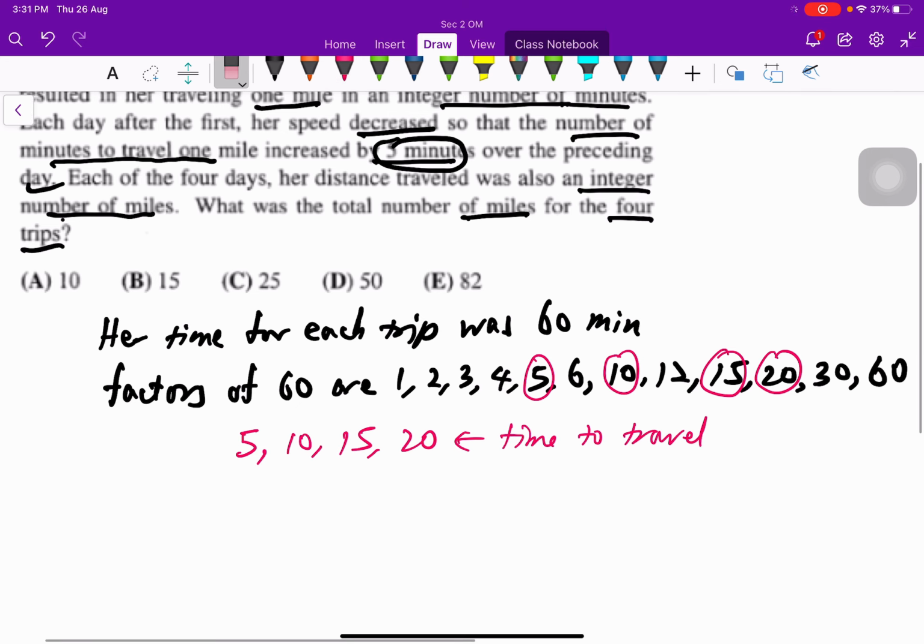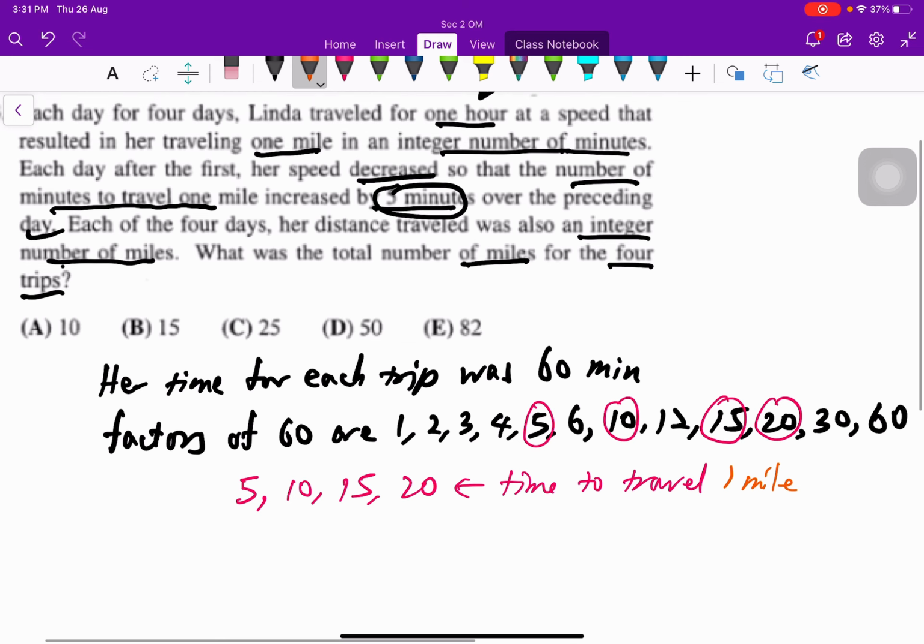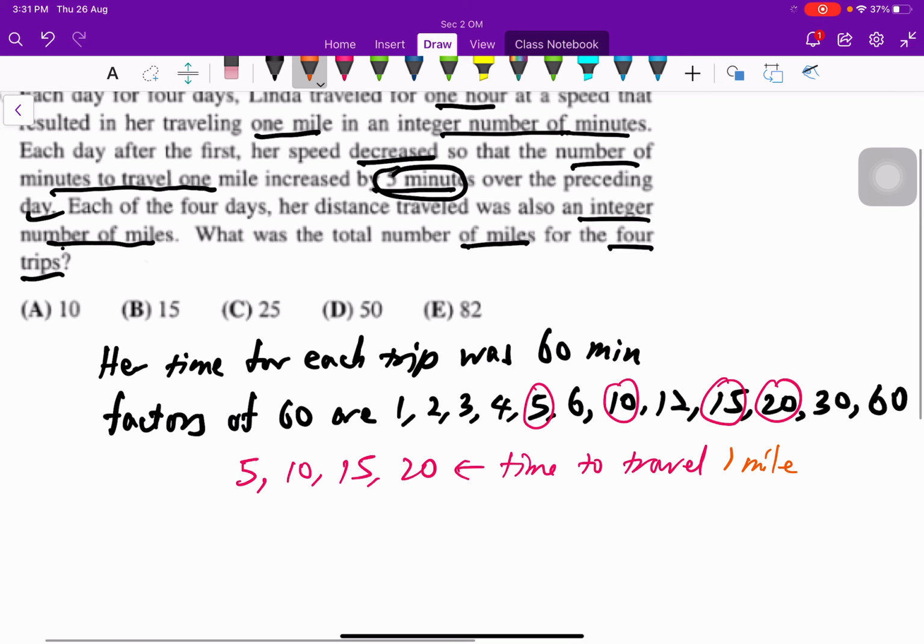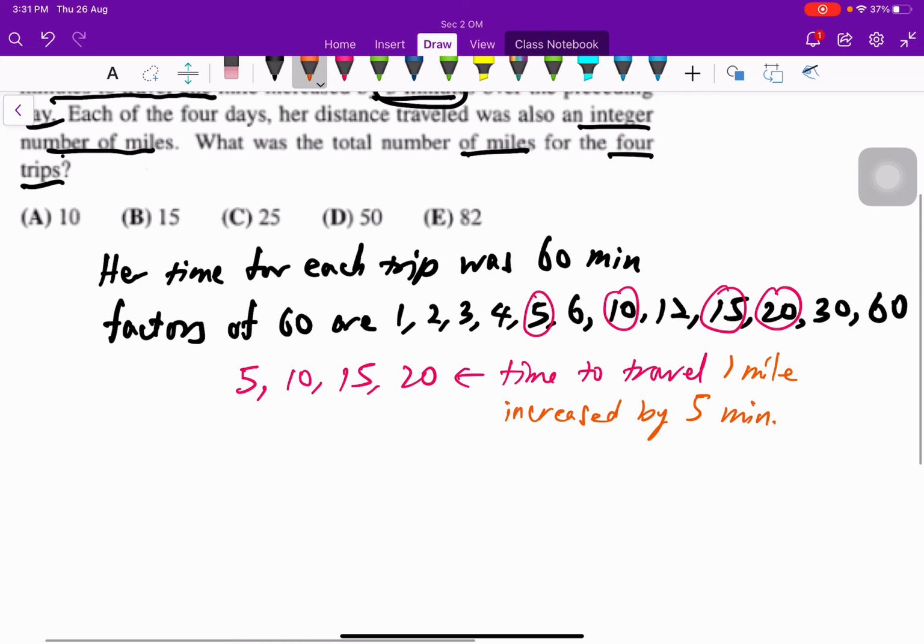Why do I pick up these 5, 10, 15? Because the time to travel 1 mile increases by 5 minutes each day.